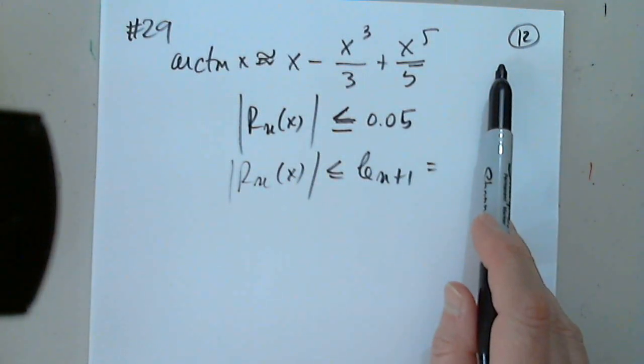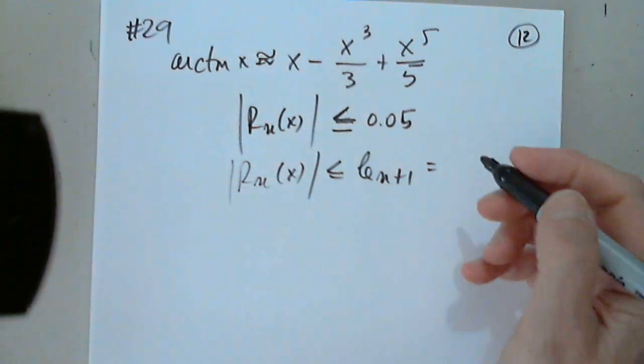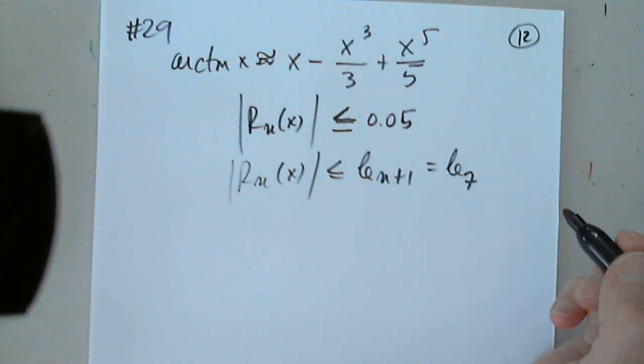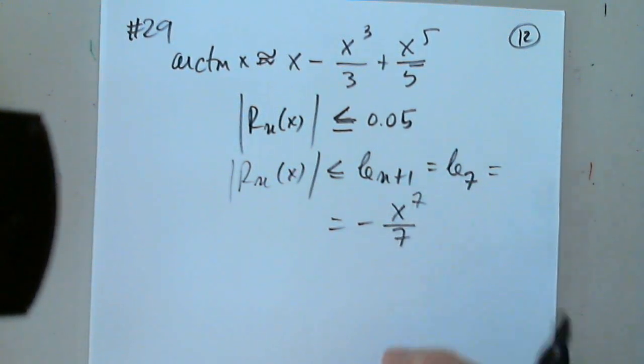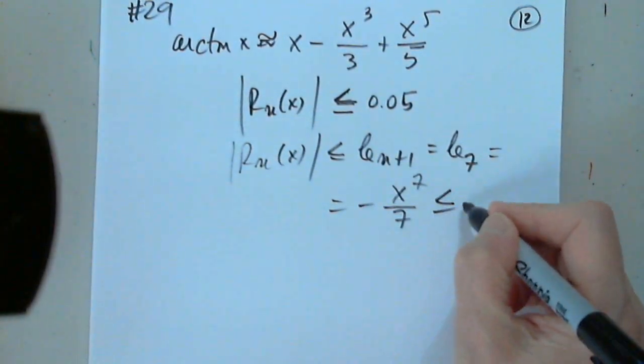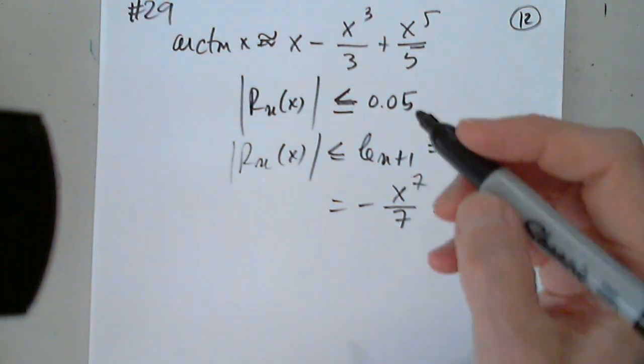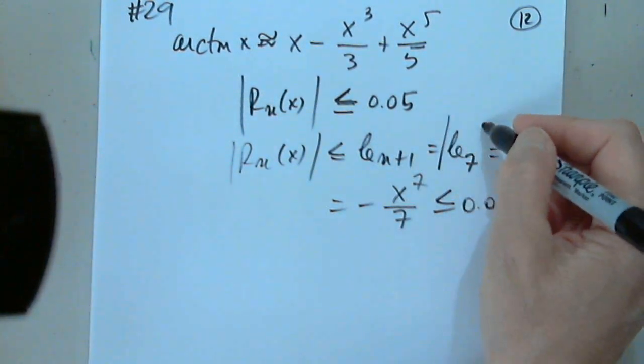So then we have to move on to the next non-zero one. So this will be B7. So this is negative x to the 7th divided by 7. And this has to be less than or equal to 0.05. Of course, we are discussing absolute value.